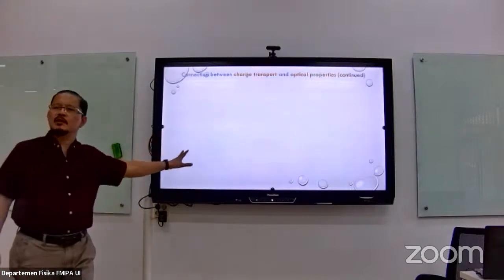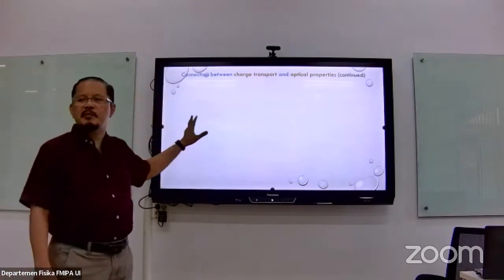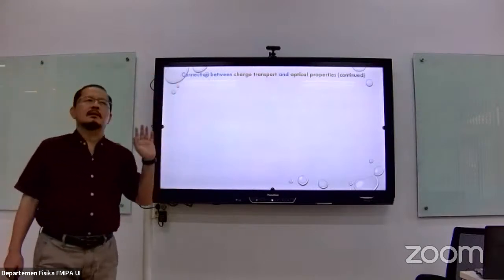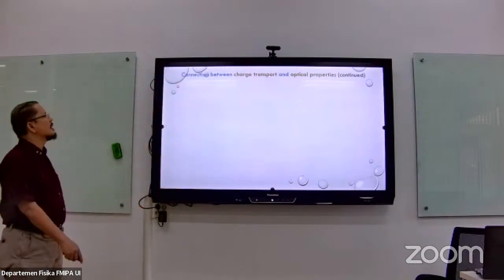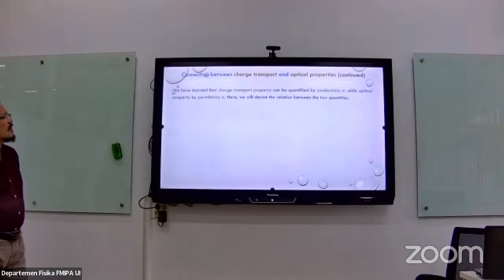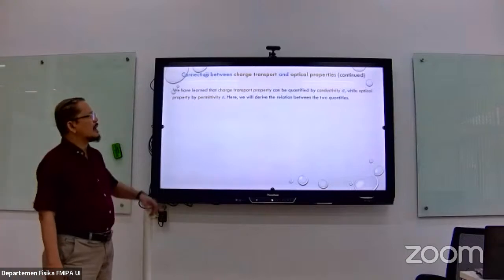Okay. So let's talk about the quantitative explanation of why metals are good reflectors. Now I want to show you the connection between charge transport and optical properties. We have learned that charge transport property can be quantified by conductivity.